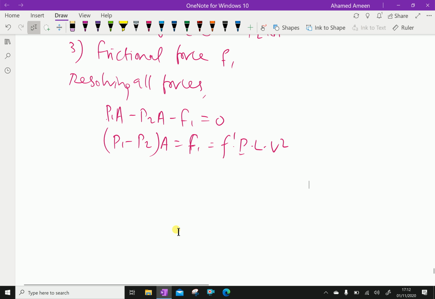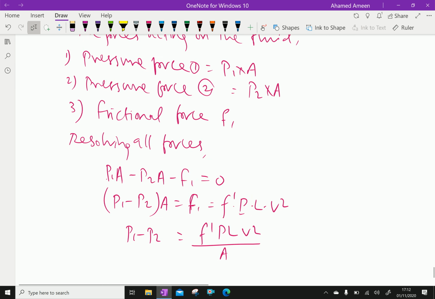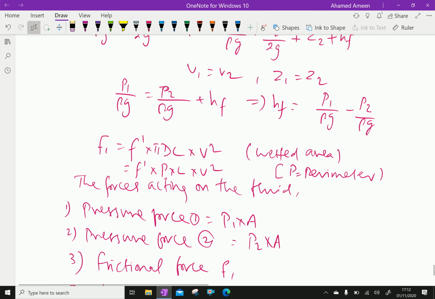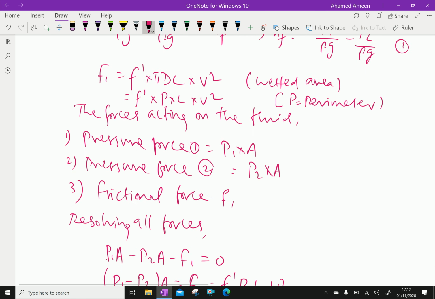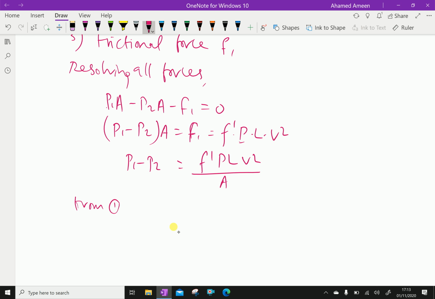Now therefore we write P1 minus P2 equals F dash P L V squared by A. But from equation 1, which we already have, P1 minus P2 equals rho g HF.